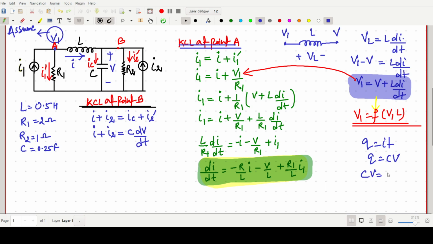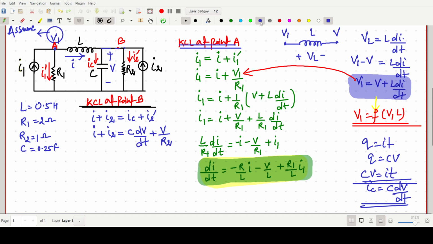So if we use CV equals IT, then IC equals C dV/dt. So the current will be C dV/dt. And I2 dash: this voltage will all have the same potential V, so it should be V by R2. So this one is the equation.